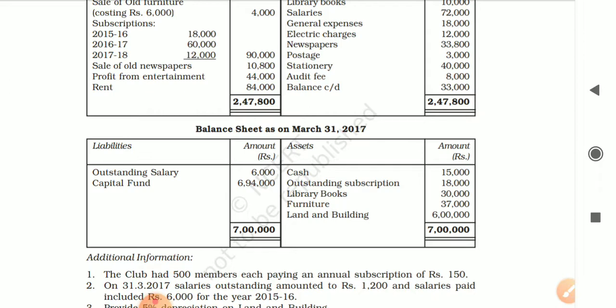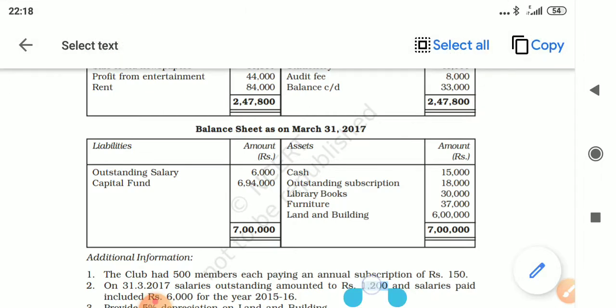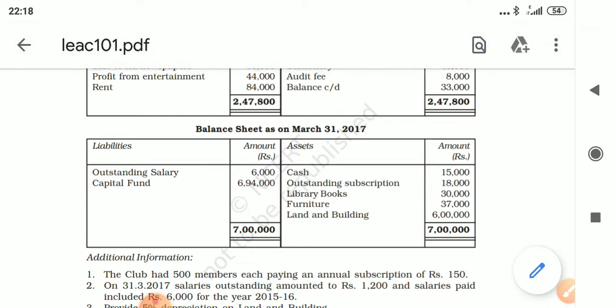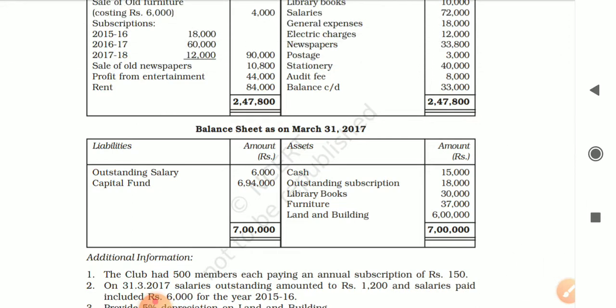With that, we have to add current year's outstanding, 1,200, and we have to subtract previous year's outstanding, 6,000. So what we have to do is 72,000 plus 1,200 minus 6,000. This amount will appear in the expenditure side of your income and expenditure account.